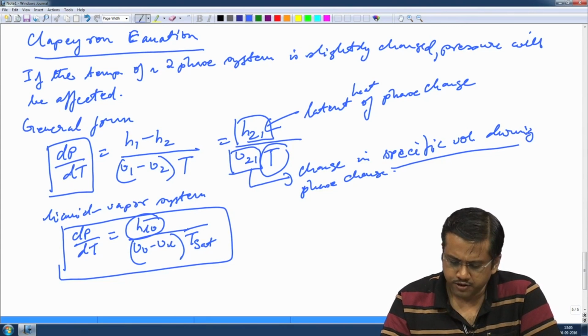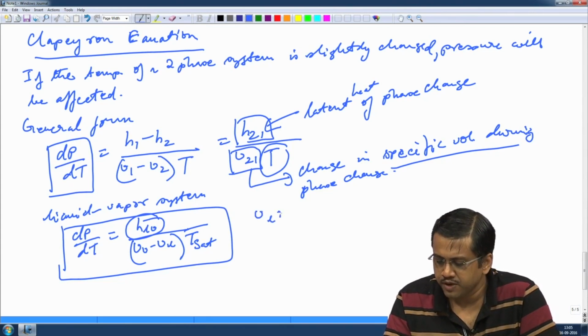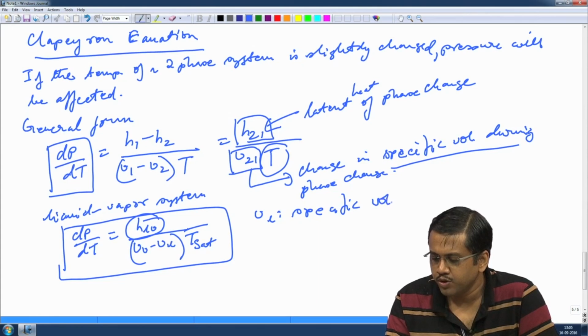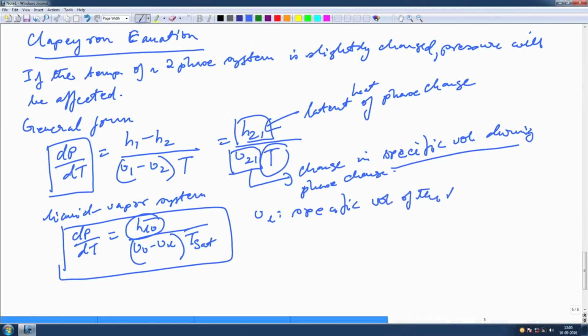Now, Vl is the specific volume of the liquid, and Vv is the specific volume of the vapor. Normally, because of expansion, Vv is much greater than Vl.